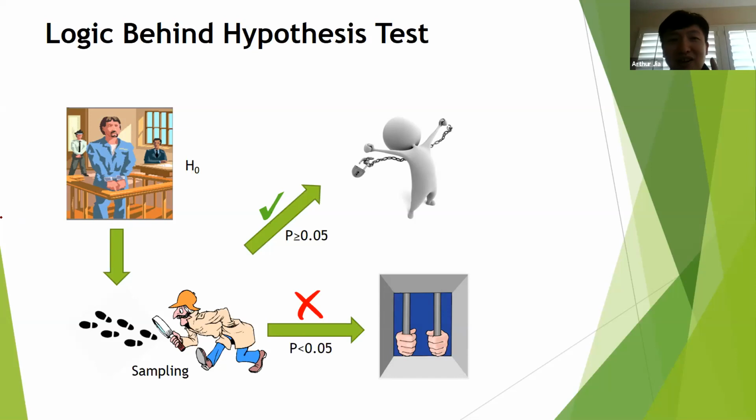So remember, when we do hypothesis testing, we always put what on trial? My question is, when we do a hypothesis testing, first, we have two hypotheses, right? We have the null hypothesis, we have an alternative hypothesis.